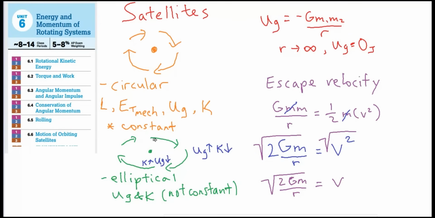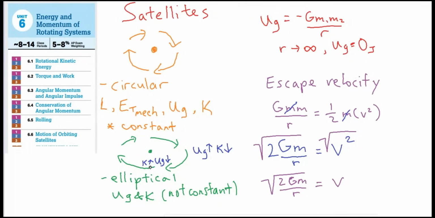Now, as something gets stretched farther away from, we'll just say the sun, it's going to have a greater potential energy. Think about it like stretching a long spring. And as that gravitational potential energy rises, that would mean the kinetic energy would have to drop. The same thing happens all the way around.